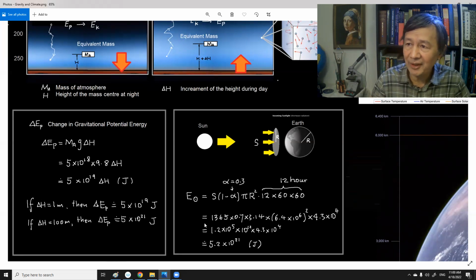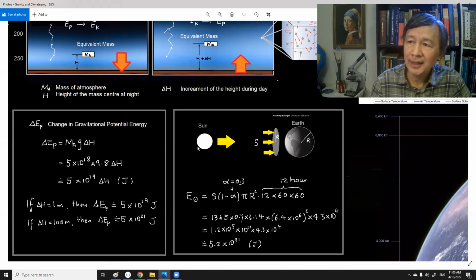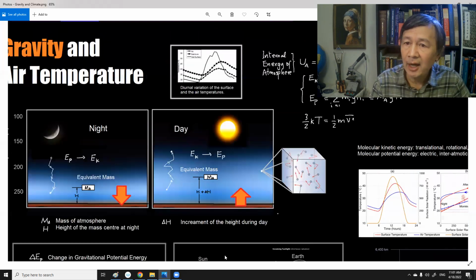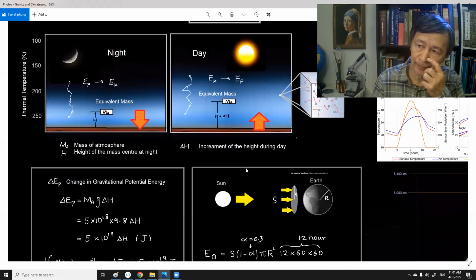This is a very significant mechanism to understand the taken-for-granted diurnal variation in the air temperature near the surface of the Earth.